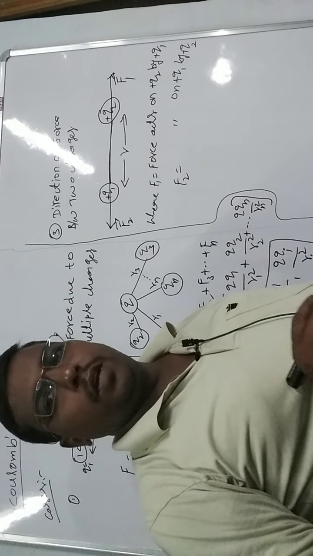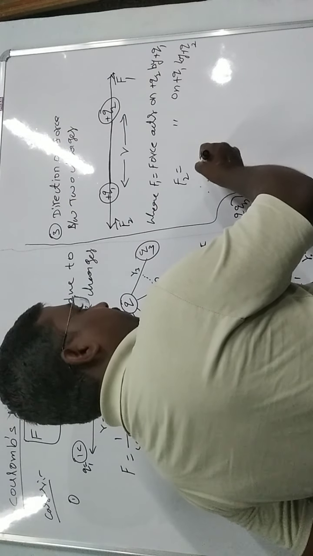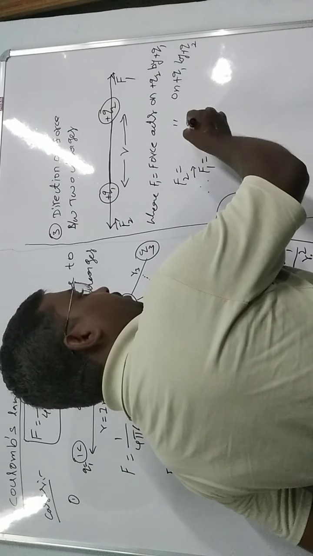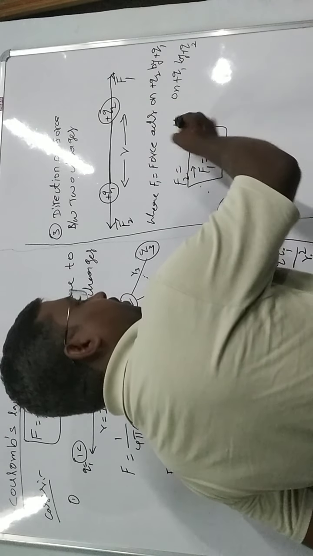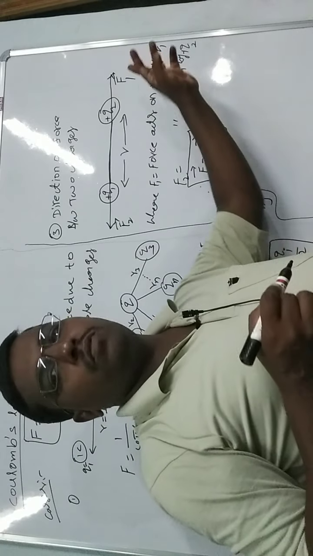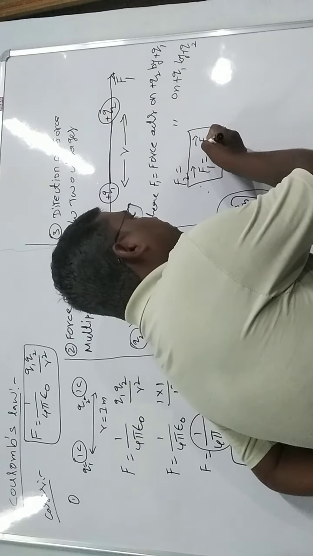So in this situation, we write F1 equal to F2, that is, F1 bar equal to F2. But F1 and F2 are opposite to each other, so we have to write a negative symbol.